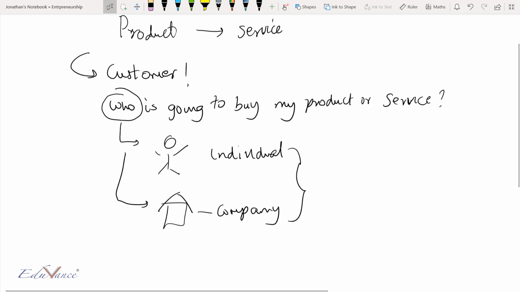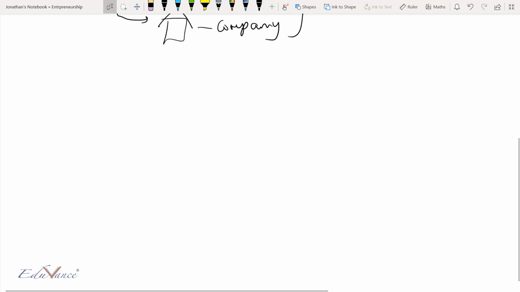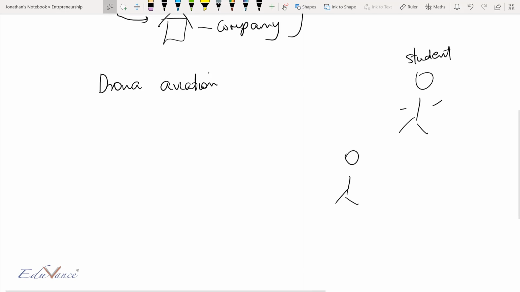Let us take an example. Let us say that in the case of Drona Aviation, if you are a student, or let's say you are a person who likes drones as a hobby, Drona Aviation can sell to you as a student or a hobbyist who likes drones.